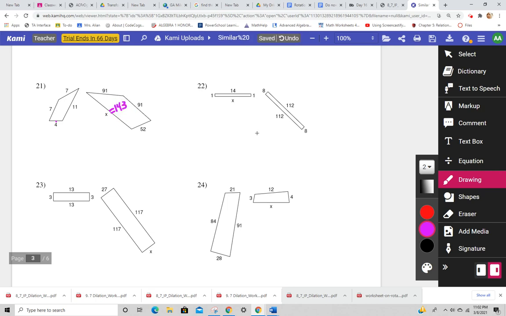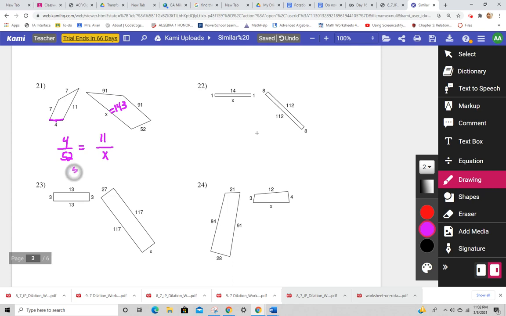If you want to use a proportion, we could do that. This side is 4, and the corresponding side is 52. This long side is 11, and this is x. So we'll take 52 times 11.